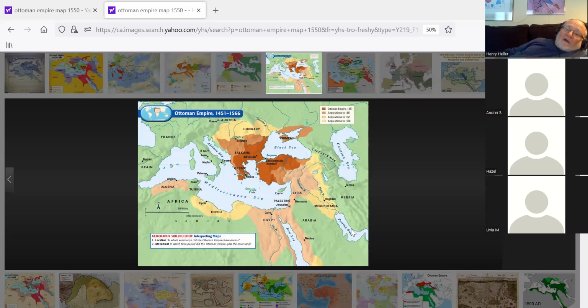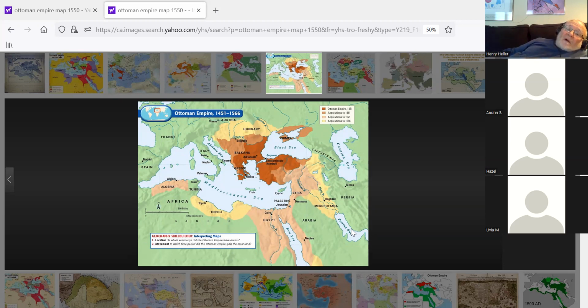And it's the period of the greatest expansion and power of the Ottoman Empire, because there was, and we'll speak about him maybe later in the lecture, the most important of the sultans in the history of this empire, Suleiman the Magnificent. And it was he who basically, through conquest, created what you see before you.